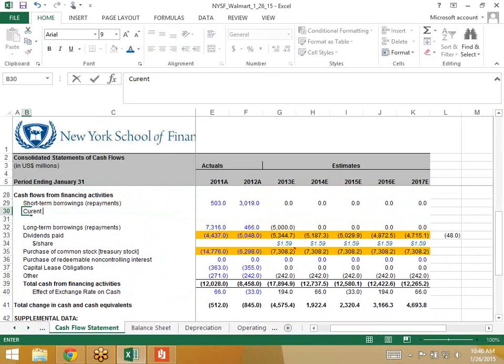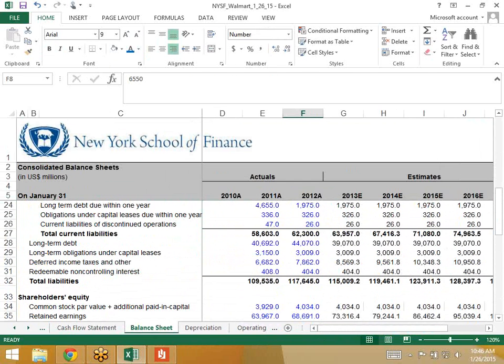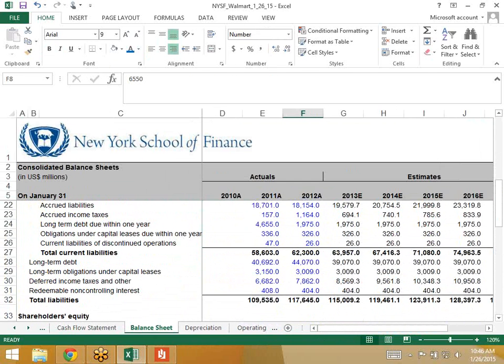One for the current portion of long-term debt, and one for the current portion of capital lease obligations. I didn't use the exact language. You should probably use the exact language on the balance sheet. They called it long-term debt due within 1 year.